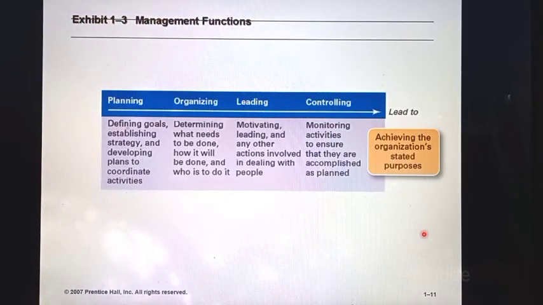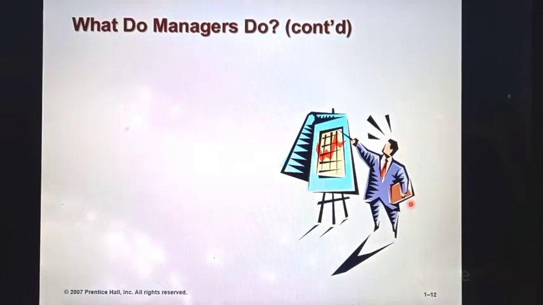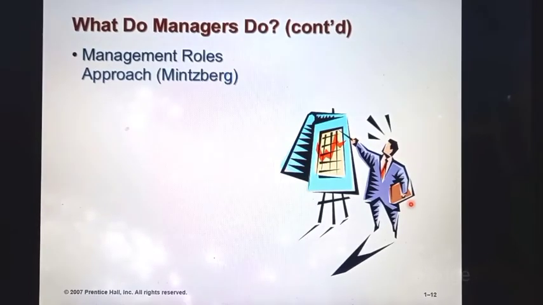So we have here Exhibit 1-3, which shows us the management functions. First, they plan and organize, lead, and control for the achievement of the organization's purpose. To continue, the management roles approach according to Mintzberg.